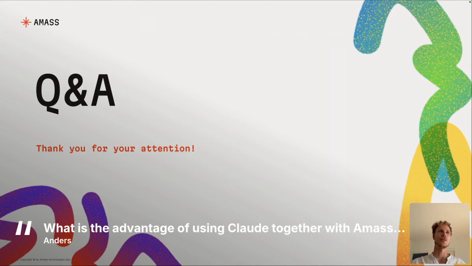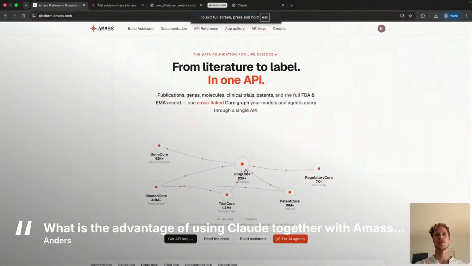So as I mentioned before, we focused on Claude in this webinar, but we also do have an Amass application. And while we don't have time to go into that specific application or use cases, the differences are maybe, so both are using the same underlying data set, so the same underlying cores as I showed here.